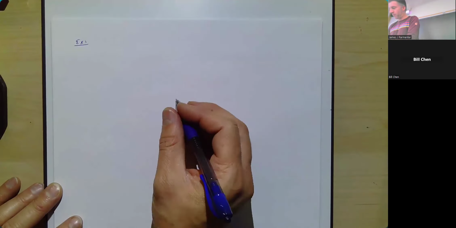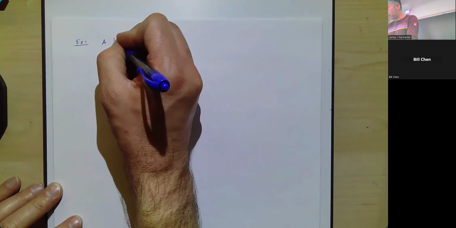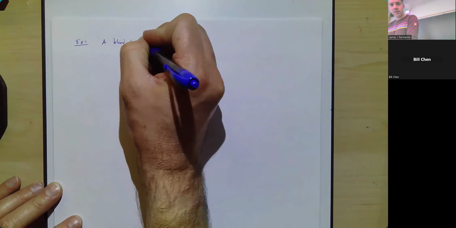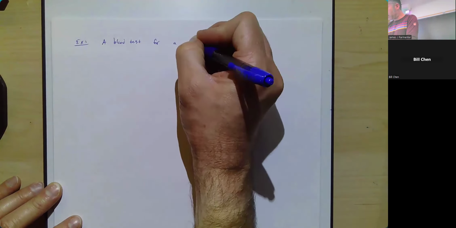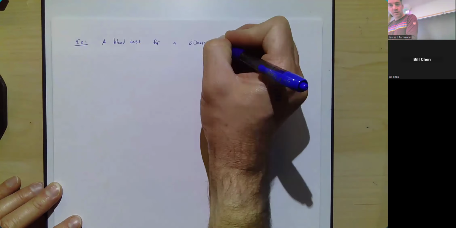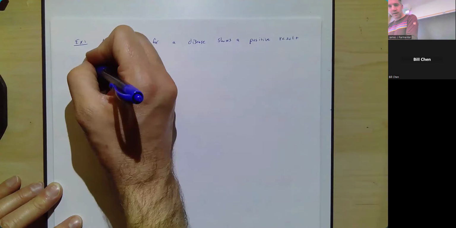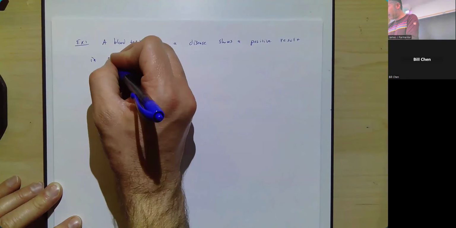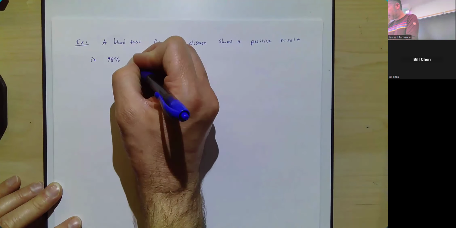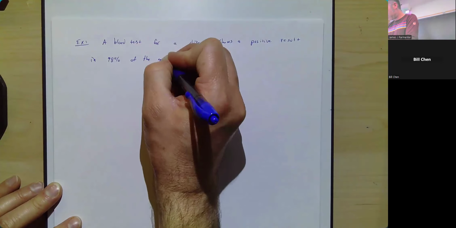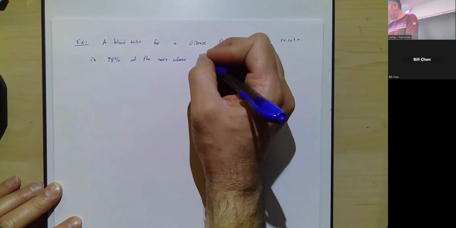So look at this first example. A blood test for some disease shows a positive result in 98% of the cases where the disease is present.